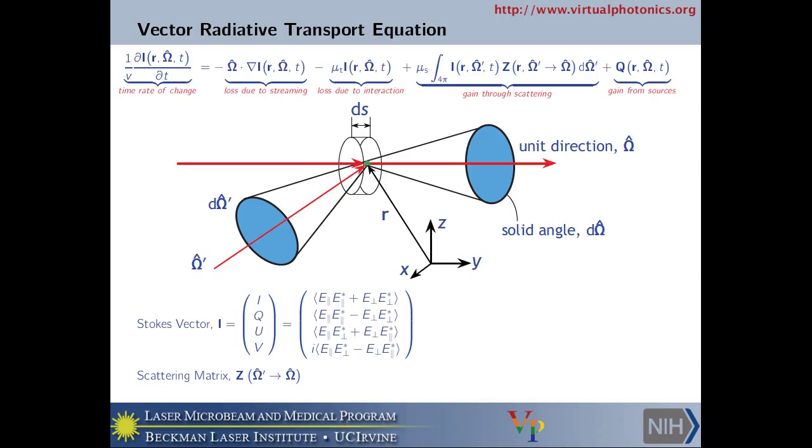So it's actually a 4x4 matrix, because you can have transitions from any component to any other component upon scattering. Okay, so it's just a more complicated, complete way of doing radiative transport when considering polarization.